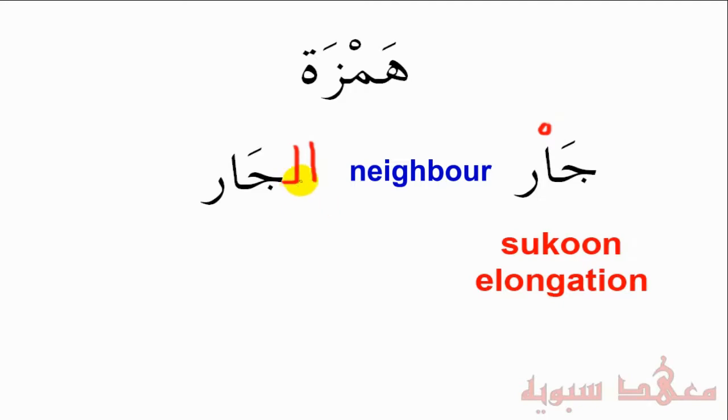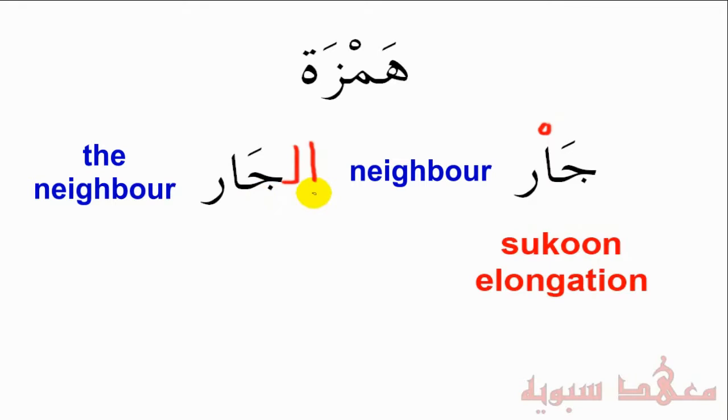When you add this to it, you make it definite, the neighbor. Now if you notice, there's an alif here. Remember we said that an alif can never be at the beginning of a word. So you wouldn't be surprised to know that this is not actually an alif. It's actually a Hamza. So we pronounce this as al-jar.